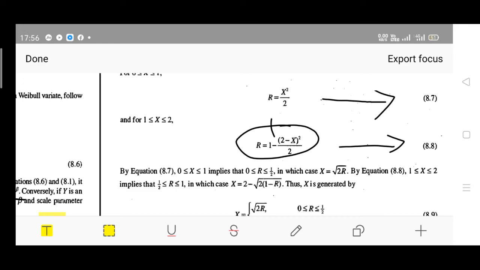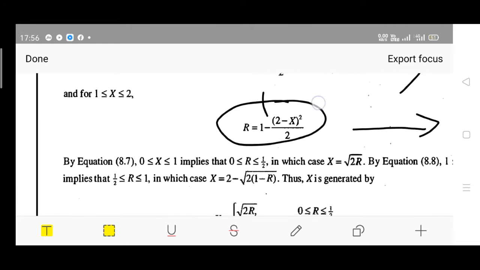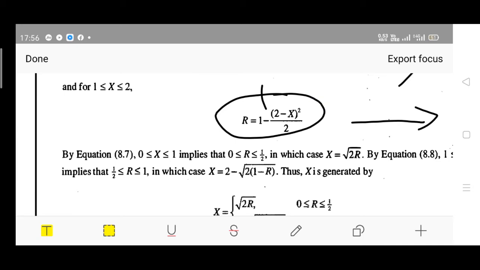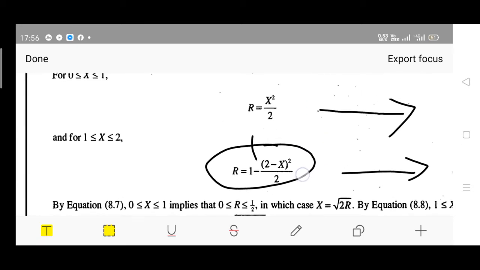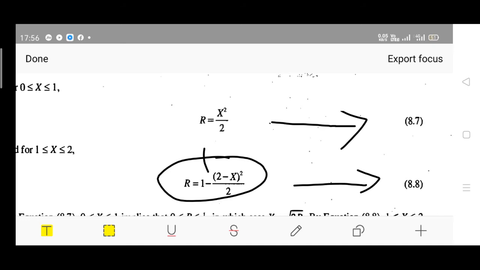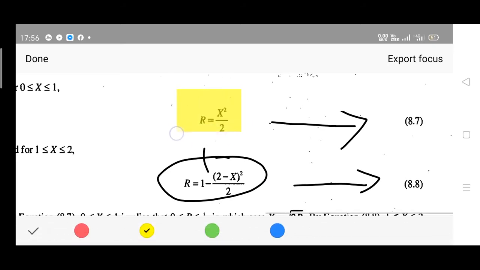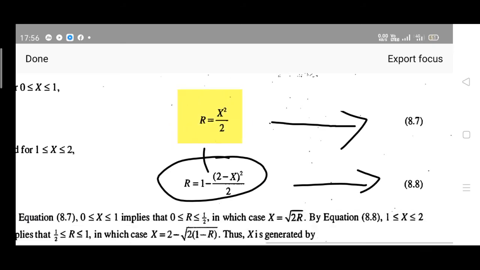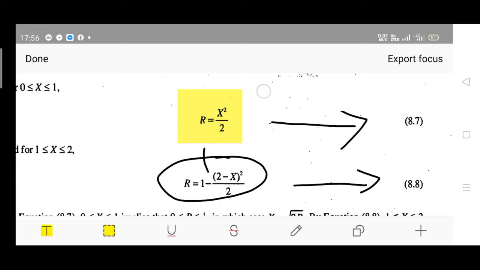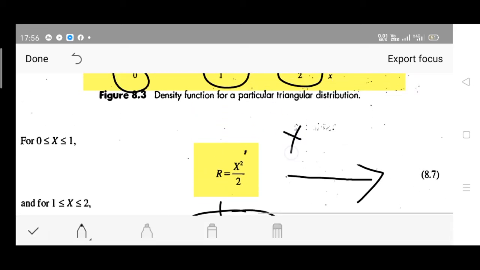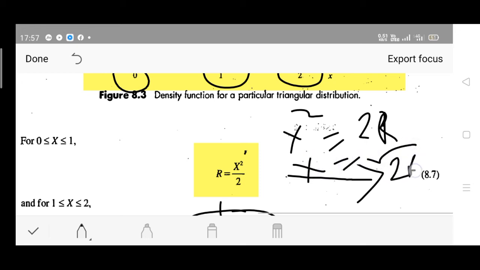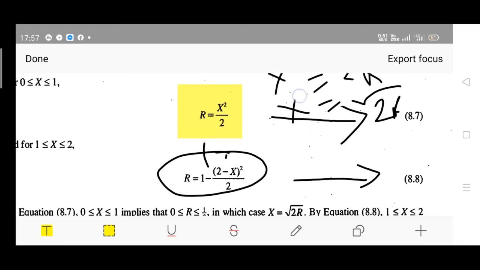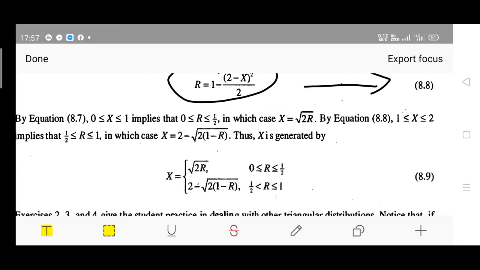Now from the equation you have to simplify for x, where x is the variate. Take r on the right hand side, x on the left hand side. From expression 8.7, what will you get? 2r is equal to x square, or x square equals 2r. Then x equals square root of 2r.